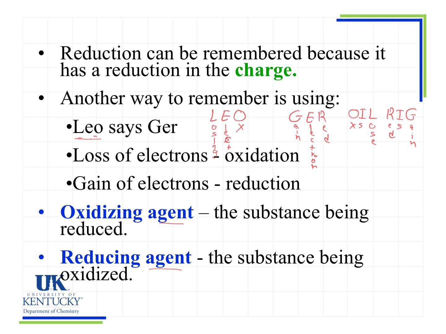So oxidizing agent is not the one which is oxidized. Oxidizing agent is the agent that makes other things be oxidized. Okay, so in that case, that substance needs to be reduced to make something else oxidized. So if something is oxidized, it's reducing something else.